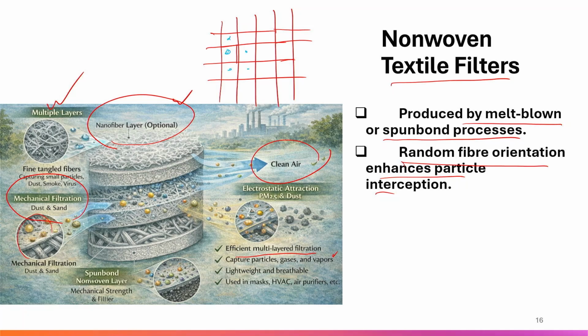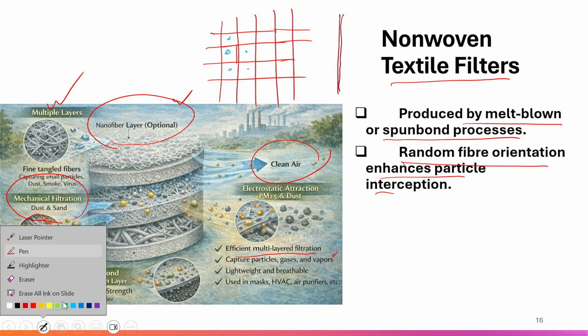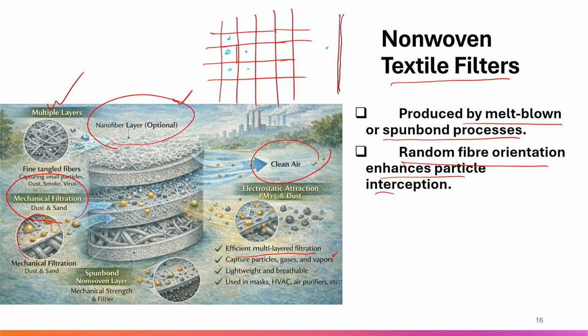And if you see the side view of the woven fabric, this is the front view, the side view is very thin, and the particles present in the air can immediately pass through easily, if they are smaller than the pore size, and particles larger than this pore size will definitely be arrested at the surface.